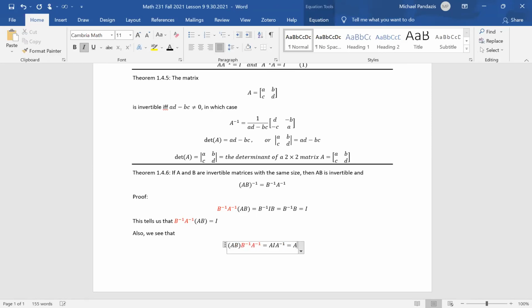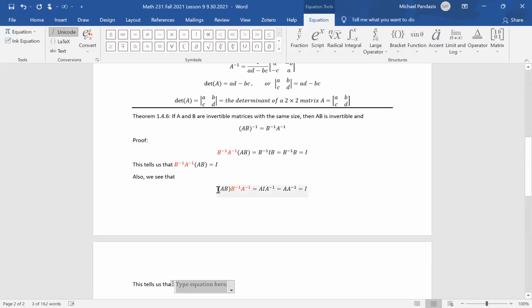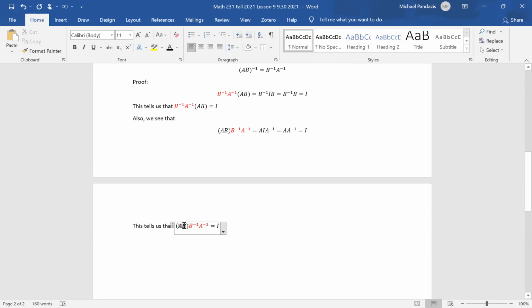And then AI is A, so you have A times A inverse, which is I. And so this tells us that AB times B inverse A inverse is equal to I. Okay, so given the matrix AB, if we multiply on the left by B inverse A inverse, we get I. And if we multiply on the right by B inverse A inverse, we also get I.